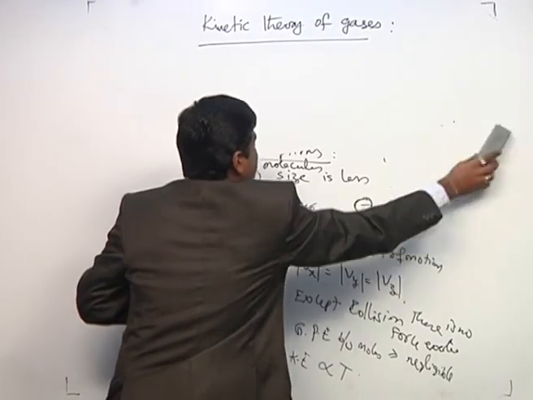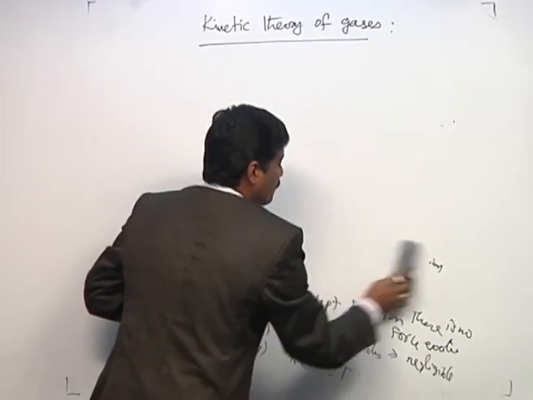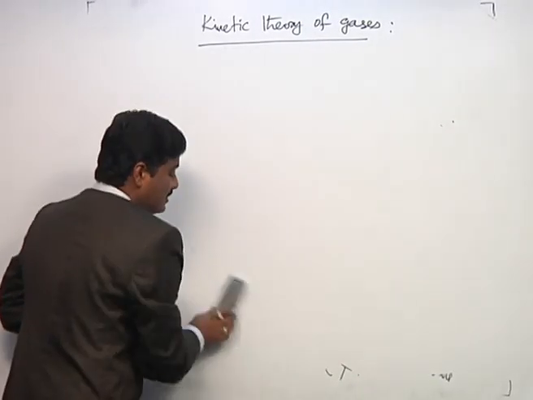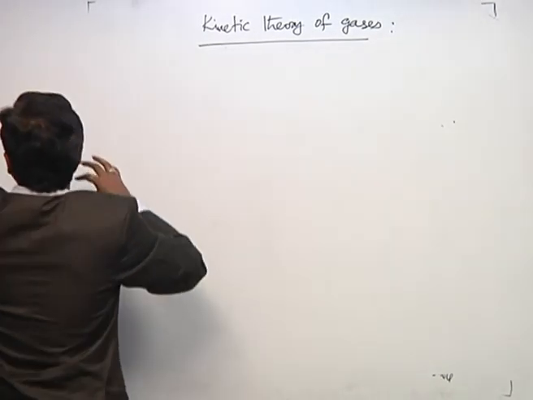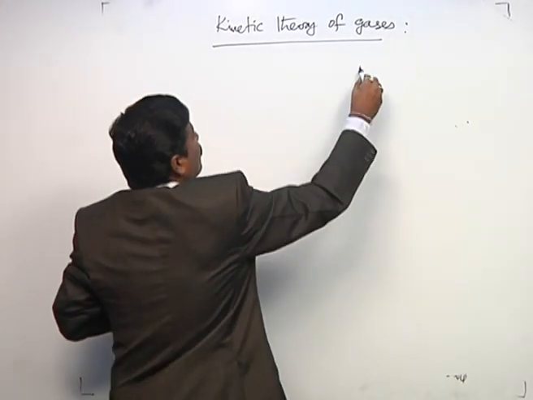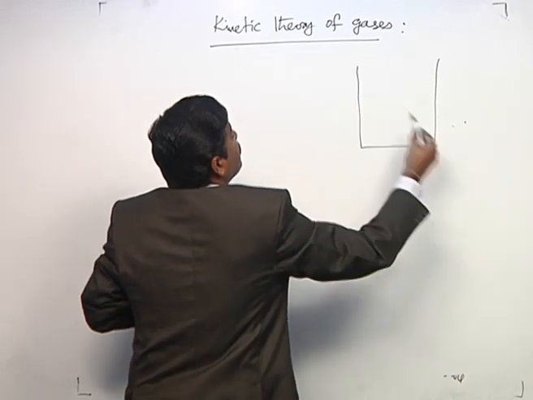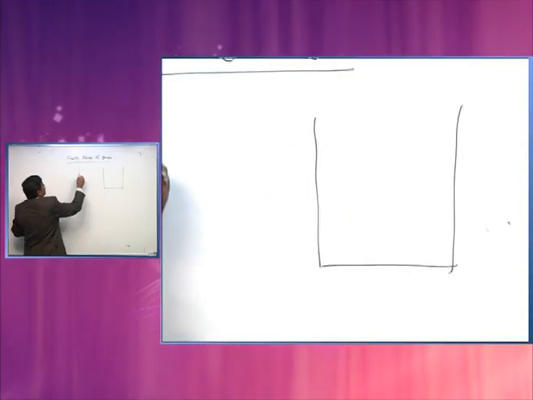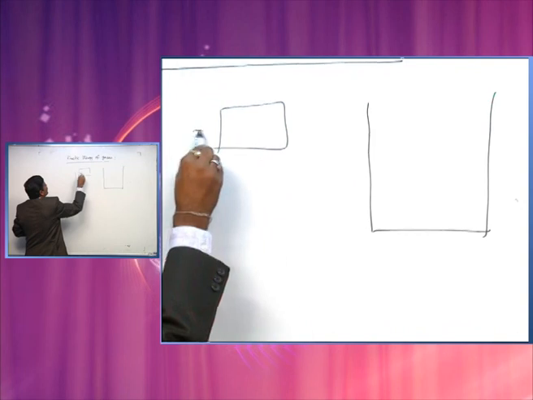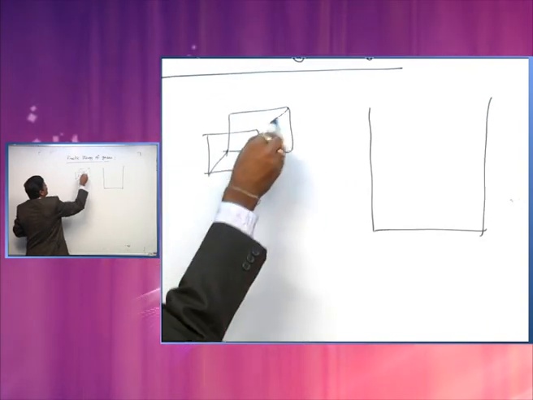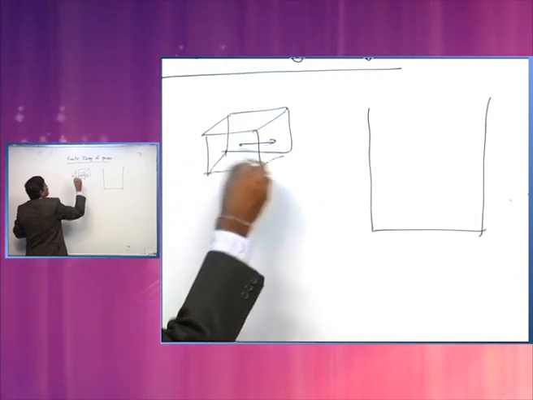Based on these assumptions, we are going to find the pressure exerted by the molecules. This is the vessel. Generally we take a three-dimensional one. Let our assumption be that the molecule moves along the x-axis.